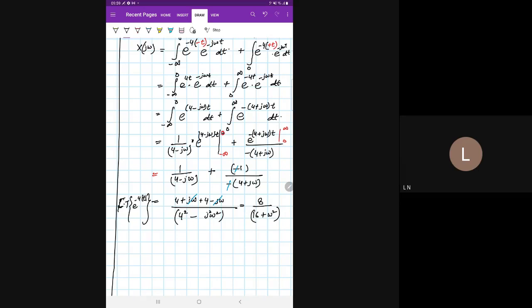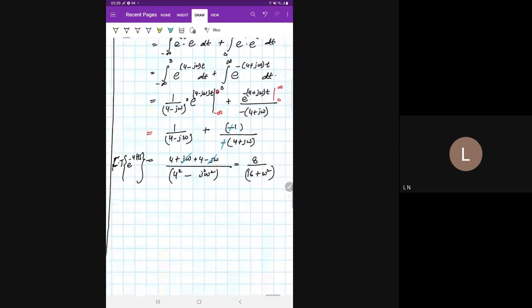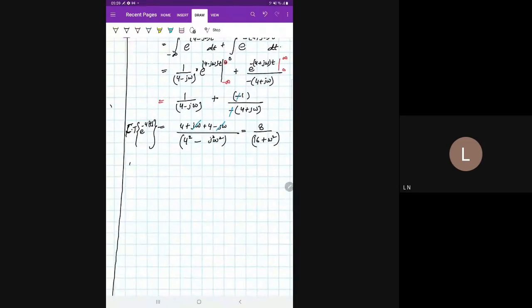Similarly, I have another example. Now, there is another example which asks: find the Fourier transform of signal x of t equal to d by dt of e raised power minus 2t.